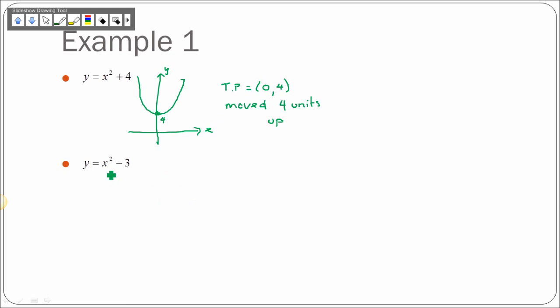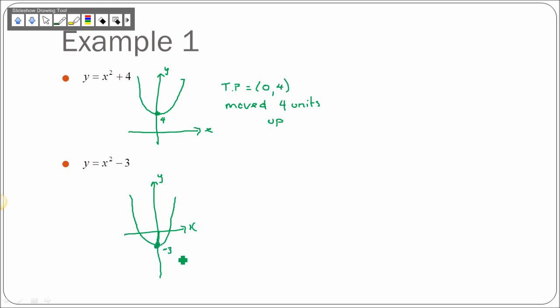What is going to change with x squared minus 3? Well, hopefully you remember that this is going to be similar to the previous one in that because it is subtracting 3, now it's going to be moving down the y-axis. So here are our two axes again. Here's my y, here is my x, and the parabola is going to be coming all the way down here, and I'll label exactly where it's going down to.